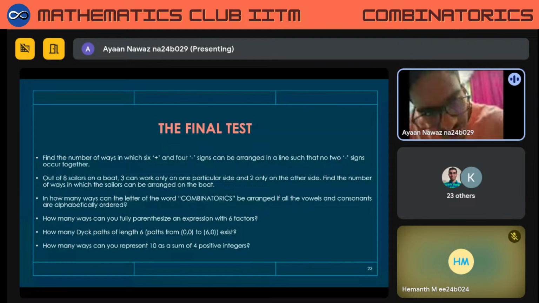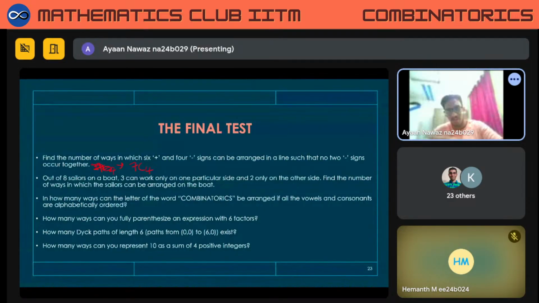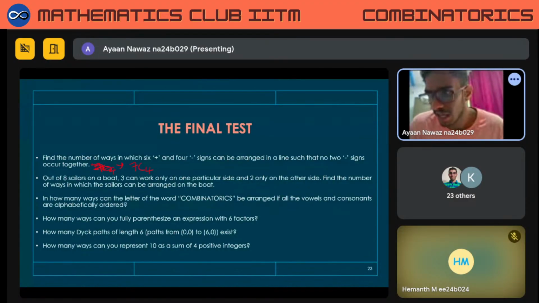The answer for the first one, I'll just write it down: 7C4. Whoever got disconnected, this is the answer for the first one. The second one, you can solve and tell me. I will give you 3 minutes more.